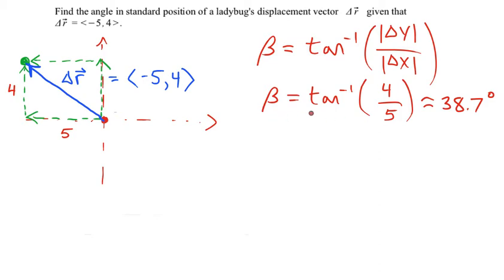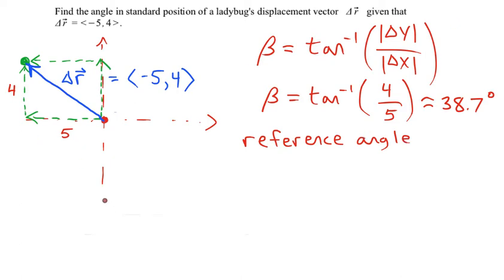It's important to note that this formula does not always give us the standard position angle. There's a two-step process to finding the standard position angle. What beta is actually is a reference angle. Now, what exactly in mathematics is a reference angle?